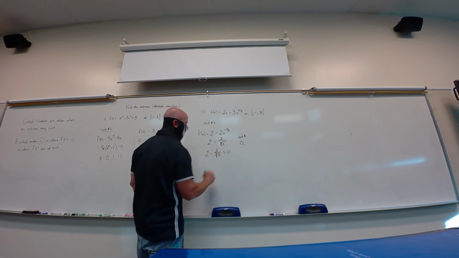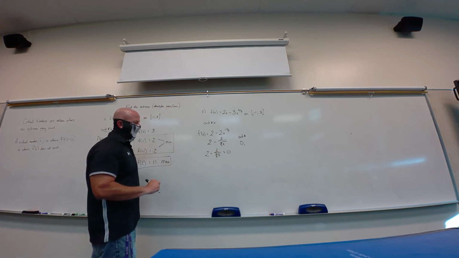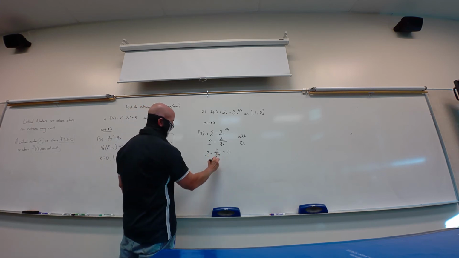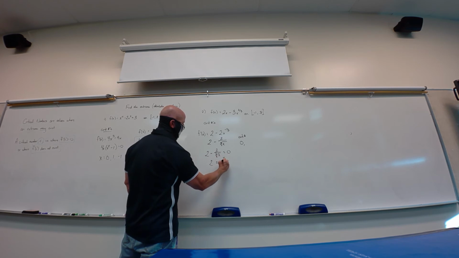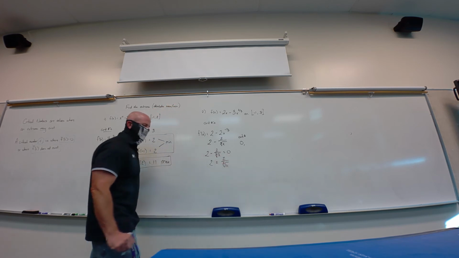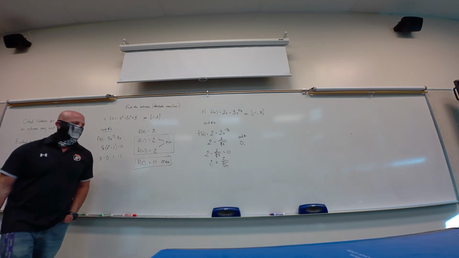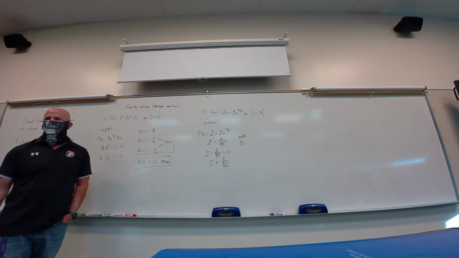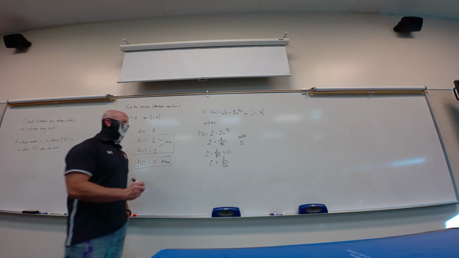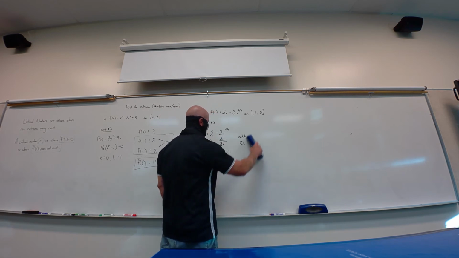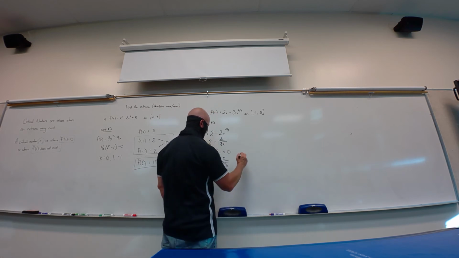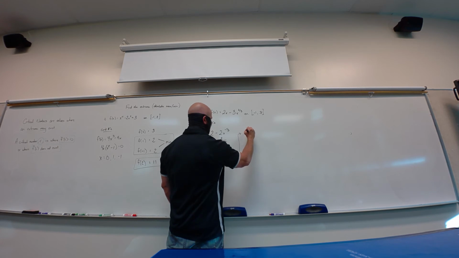So now I'm going to take a look at what happens when I set this equal to 0 and solve. Let's see, I can move that over. 2 equals 2 over the cube root of x. Multiply both sides by that cube root of x. That would give me 2 cube root x equals 2, which means cube root x is 1.